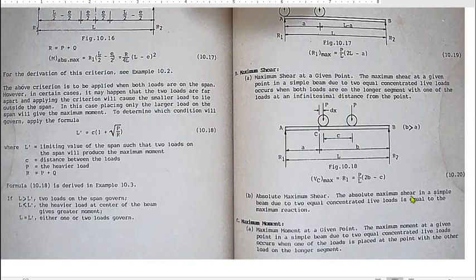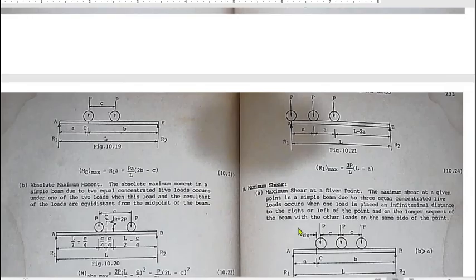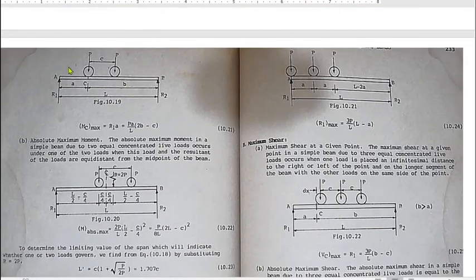Absolute maximum shear in a simple beam due to two equal concentrated live loads is equal to the maximum reaction. And then maximum shear at a given point in a simple beam due to two equal concentrated live loads occurs when one of the loads is placed at the point with the other load on the longer segment, which is like this. In this case, maximum shear is R1 times A.